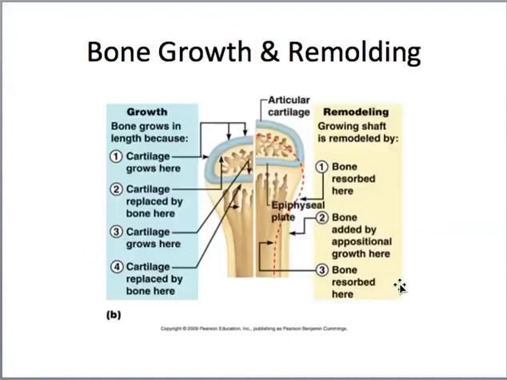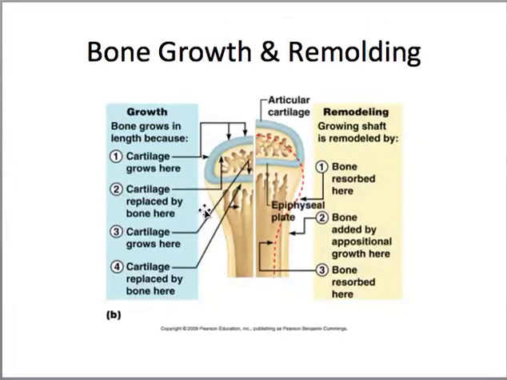Okay, moving on here, you can see just a little inset showing you how the growth occurs, right? The cartilage grows near the epiphyseal plate, and also in the region of the articular cartilage.